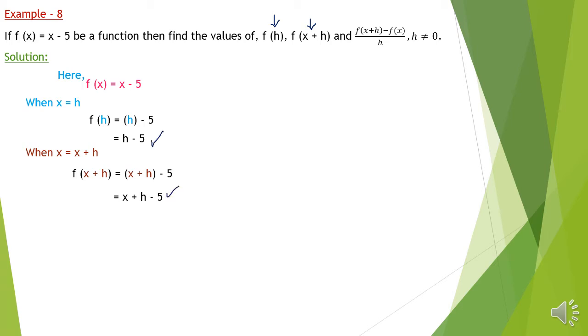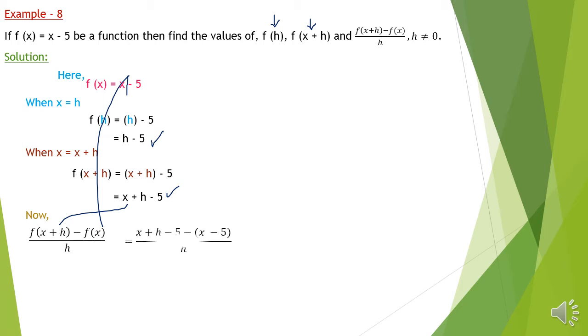Now we have a rational algebraic expression, that is f(x+h) minus f(x), all over h. We have to substitute the value of f(x+h), which we have right here. So f(x+h) means x plus h minus 5. That is the value of f(x+h). Now f(x) is x minus 5.